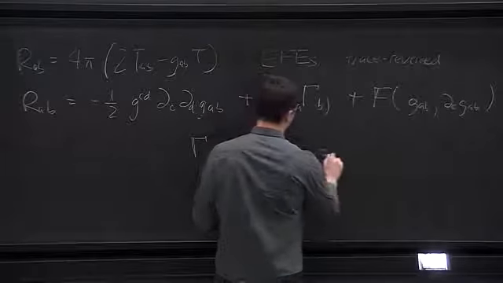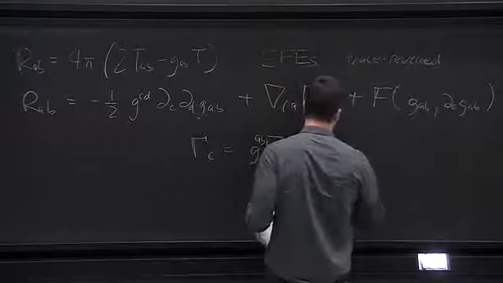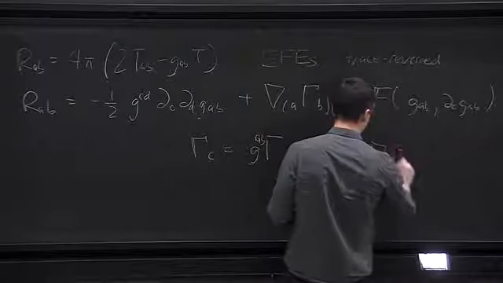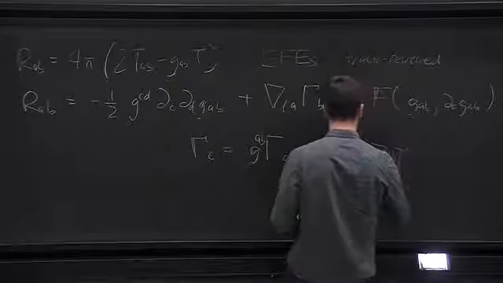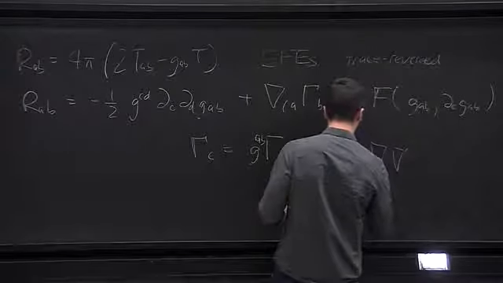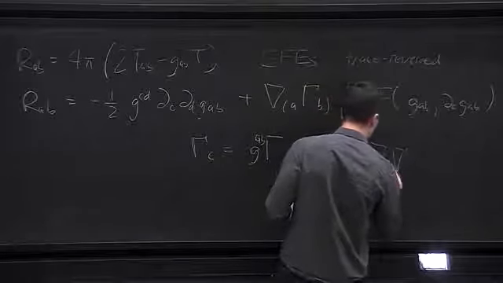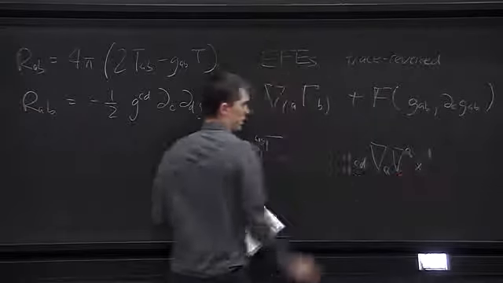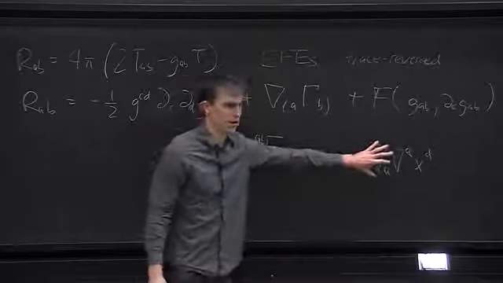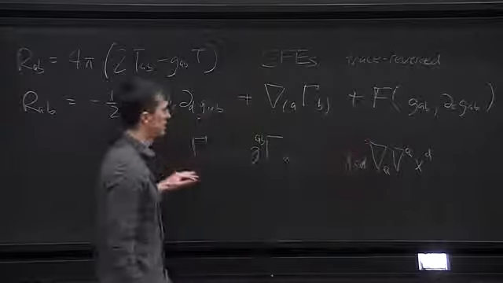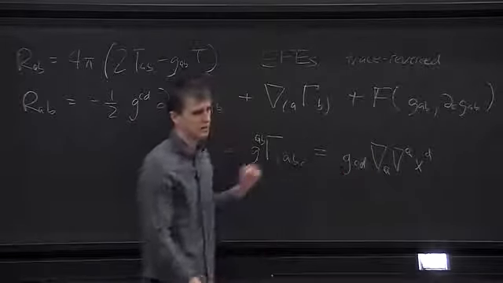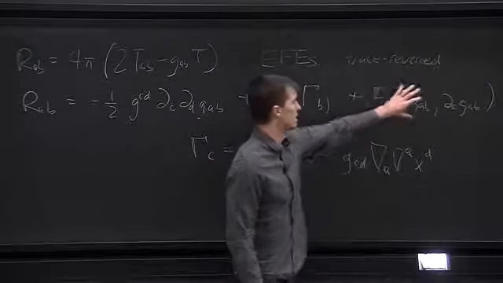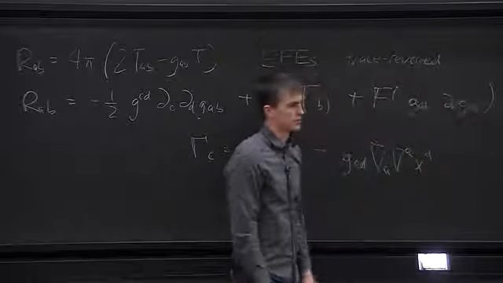We can work that out and see that that's just equal to this box operator acting on the coordinates, and I've just lowered the index, though again it's not actually a 4 vector. And then this f is just some function of the metric and its first derivatives.